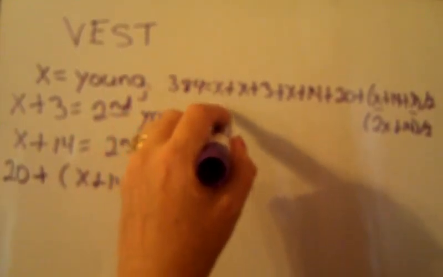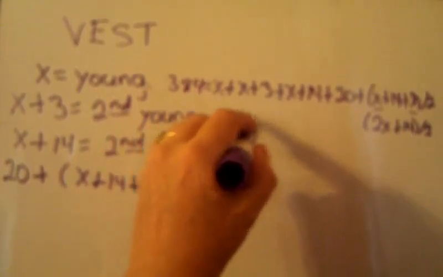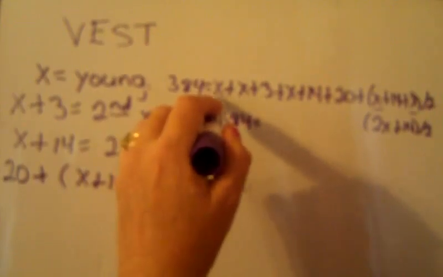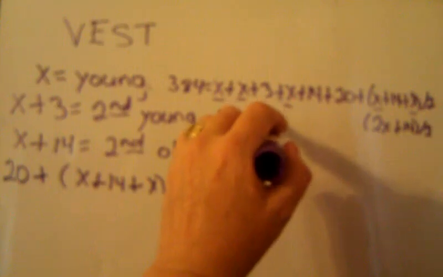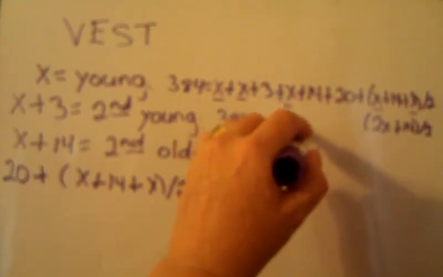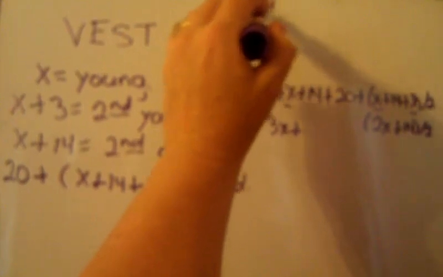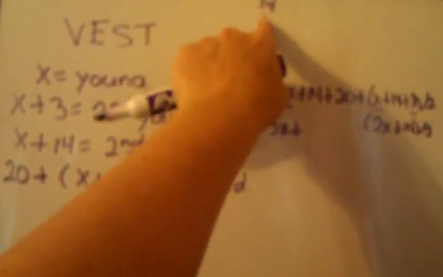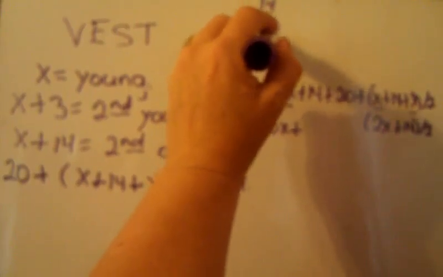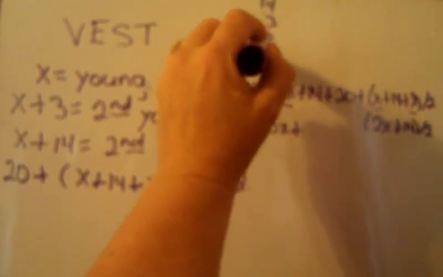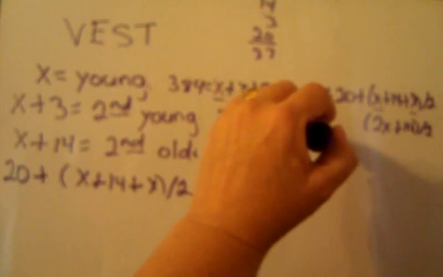I'm going to combine like terms over here. 384 equals, look at my X's, I have 1, 2, 3X plus 3 and 20 and 14 over there. If I add 3 and 20, I get 37.